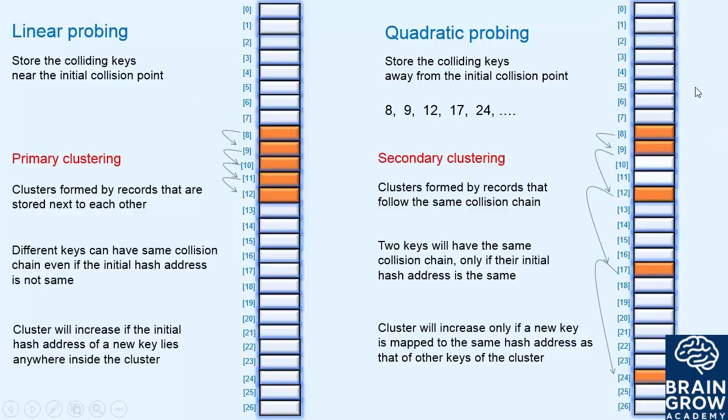To reduce this problem, we can take the size of hash table to be a prime number. In that case, at least half of the locations of the hash table will be accessed. Now, both primary and secondary clustering problems can be reduced by using double hashing, which we'll discuss in the next lecture.